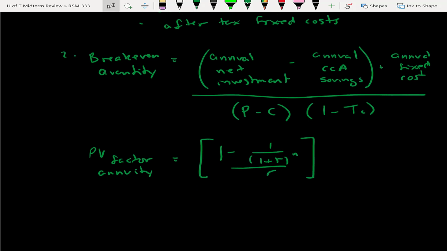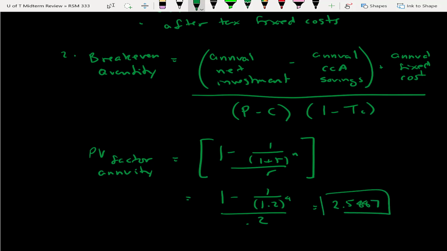In this case, the value of this factor is 1 minus 1 over 1.2 to the power of 4, divided by 0.2. That factor works out to 2.5887. I'm doing that now because I'm going to use it a few times and I don't want to keep plugging it in.